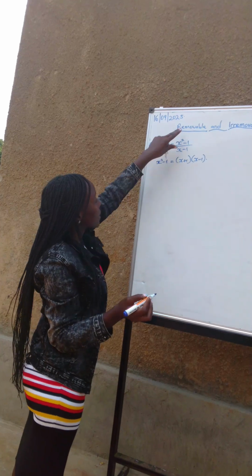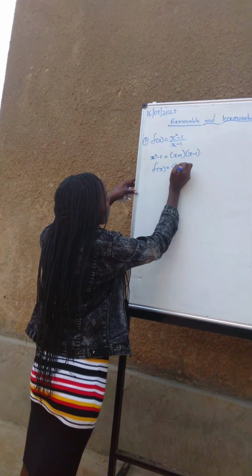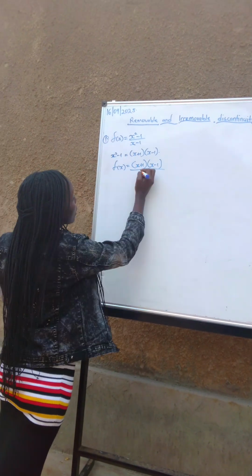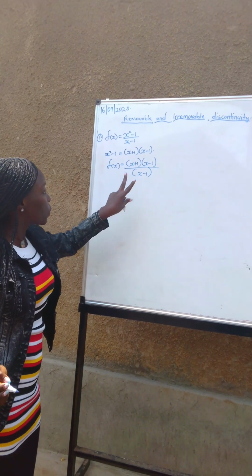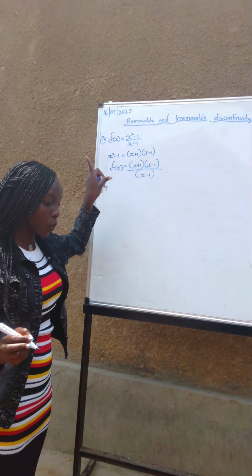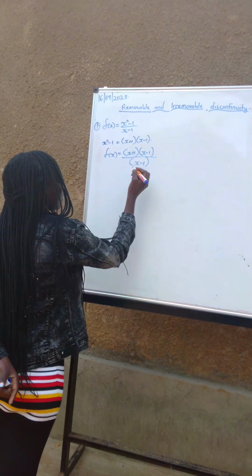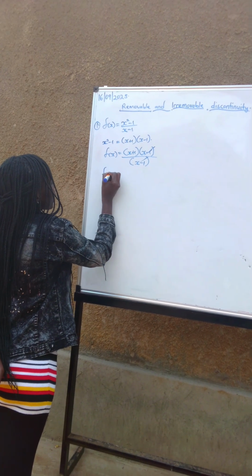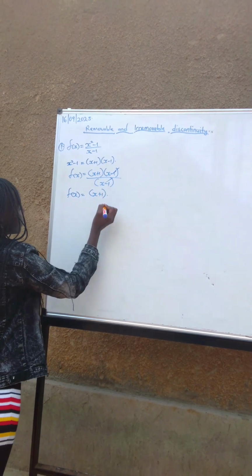Then we put this in our function, which is f of x equal to x plus 1 times x minus 1, divided by x minus 1. You have two factors that can cancel, x minus 1 and x minus 1. If we cancel these, we are left with f of x equal to x plus 1.